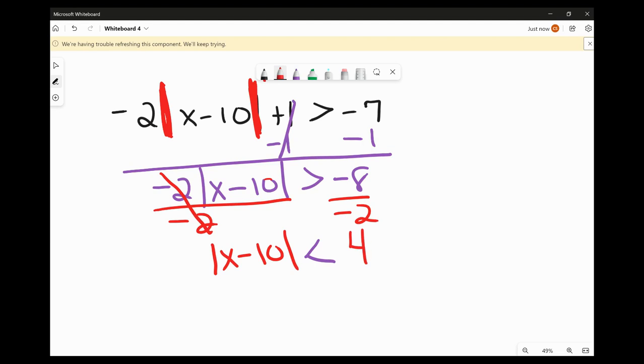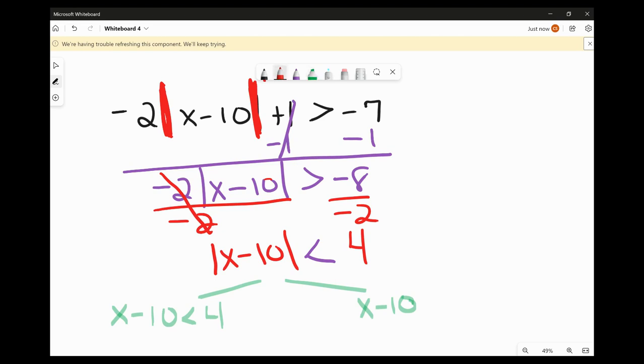So now I have isolated the absolute value signs. At this point, since I've isolated them, I can make my two equations, not equations, but inequalities, which I'm going to need to solve. The first one's going to look exactly like that. We have x minus 10 is less than 4. On the other side, we're also going to have x minus 10 because what's inside the absolute value sign does not change.